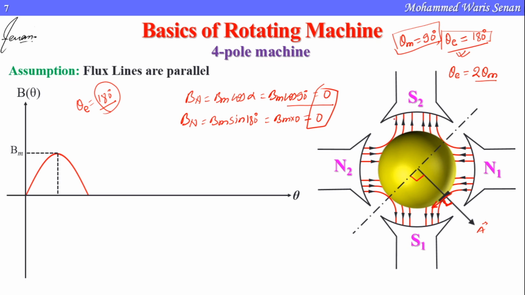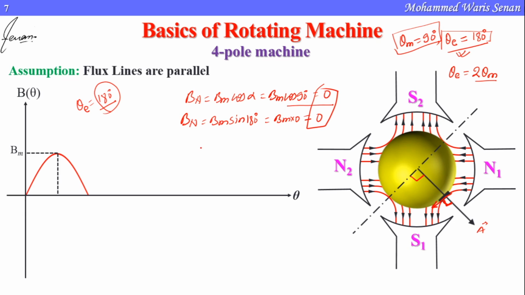We will find out later on that this formula, theta electrical equals twice theta mechanical, is not the same for all cases. In the previous case, for two pole machines, we have seen that the rotation angle is equal to the electrical angle. Why?